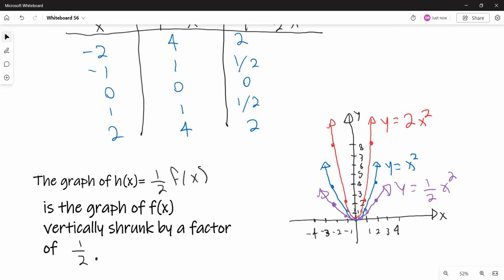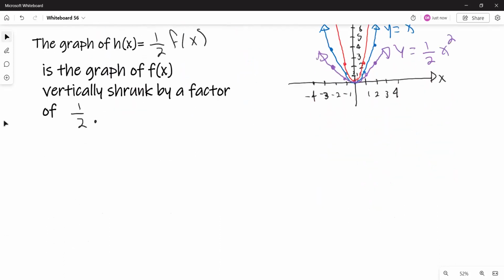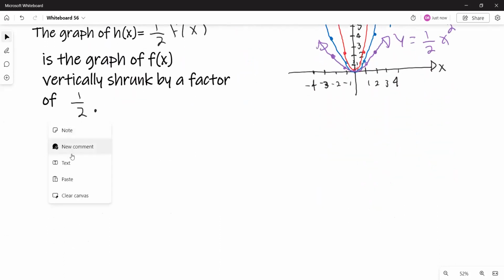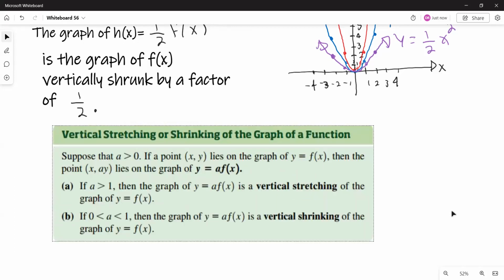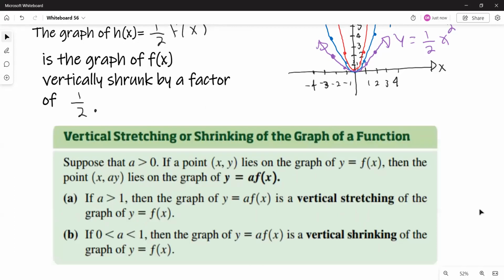And it's on page 261. Okay, we first have vertical stretching and shrinking. Suppose that a is positive. So if a point x, y lies on the graph of y equals f of x, then the point x, comma, a times y lies on the graph of y equals a times f of x.